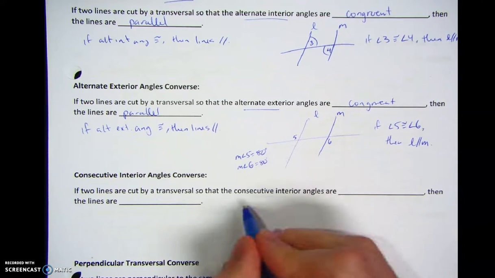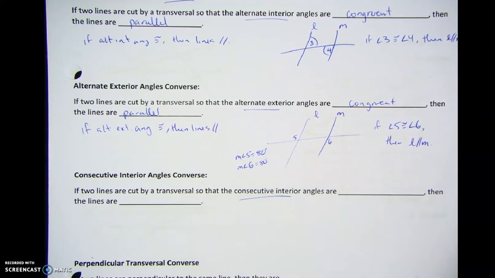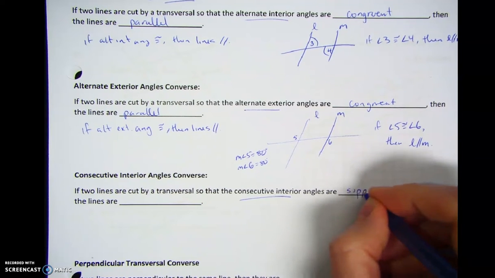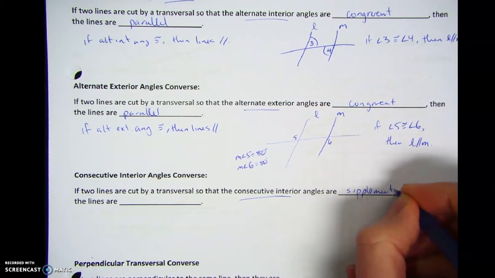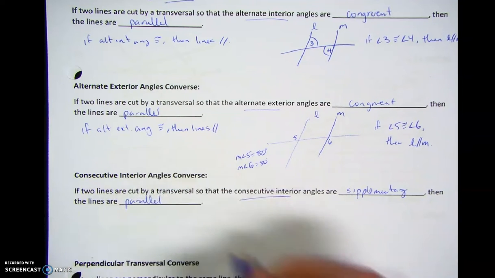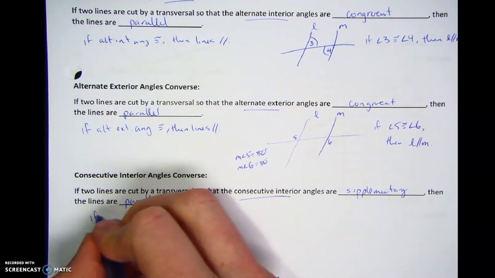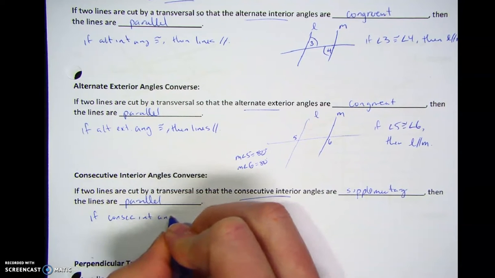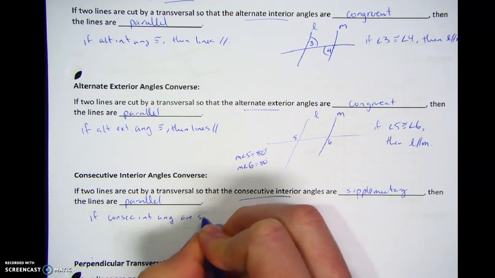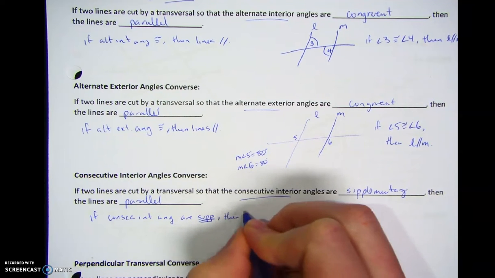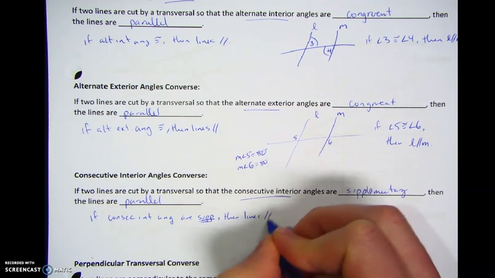And then last, consecutive interior angles. And we remember that consecutive interior angles in the theorem were supplementary. Then the lines are parallel, so the converse will say the same thing. If consecutive interior angles are supplementary, the same thing as before, then the lines are parallel.